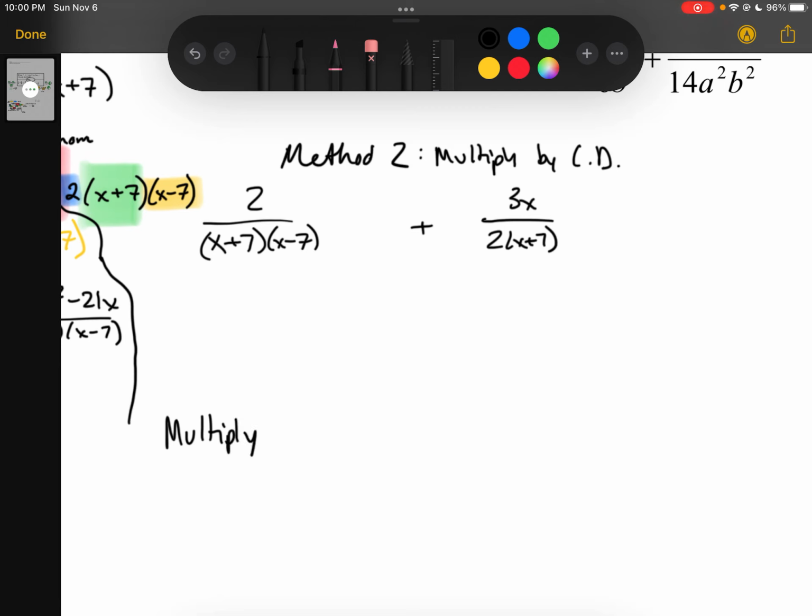What we are quite literally going to do is multiply by the common denominator, and again, we're going to do this on the top and bottom. And what this is going to allow us to do is get into a spot where everything is basically completely simplified.